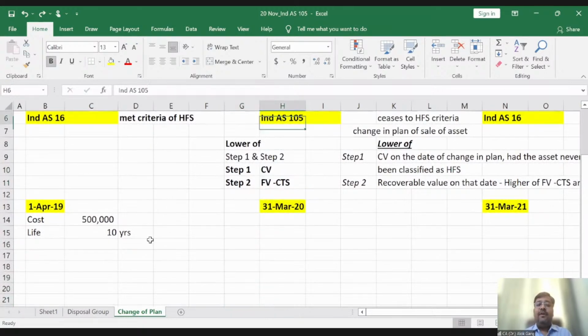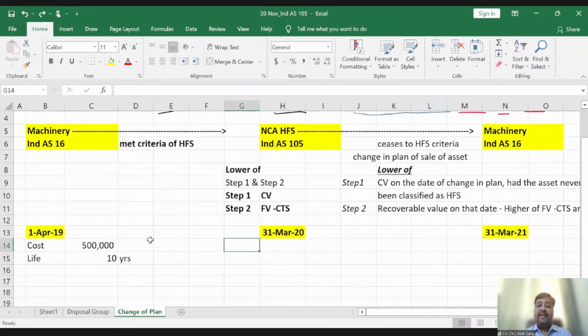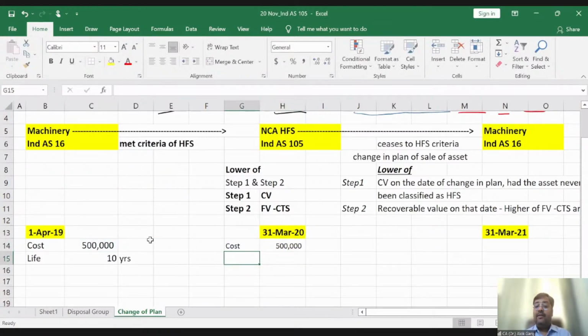So on 31st March 20, it is classified as held for sale, right? Now, what is the carrying value as per step 1? The cost is 5 lakh rupees. Then your depreciation for 1 year. What is the depreciation for 1 year?